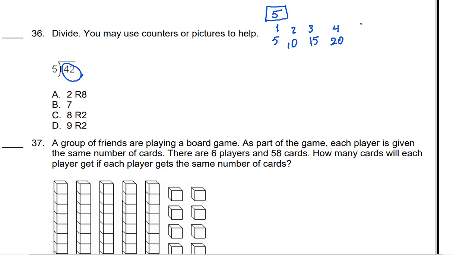Continue. 5 times 5, 25. 30. 35. 40. 45. So now we need to stop. Why? Because we need 42. And 42 lies in here, between the 40 and 45.